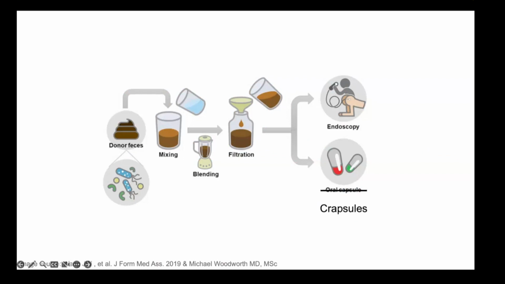After the mixing, blending, filtration and dilution of the stool in saline, it is instilled either via endoscopy or via oral capsules, which are the two most common methods. At least at Emory, we've been calling them crapsules as a sort of inside joke. The other methods people use to instill FMT are through NG tube and through enemas.